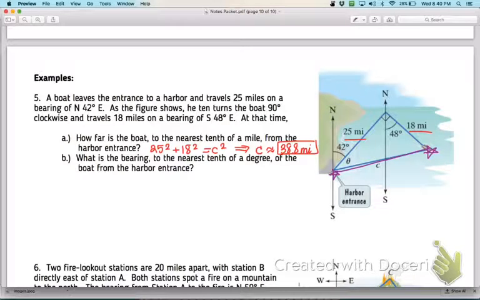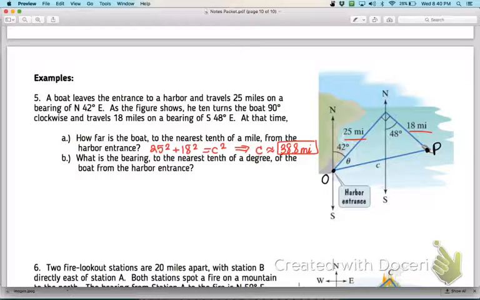Now here's the tricky part. It says, what is the bearing to the nearest tenth of a degree of the boat from the harbor entrance? So we have to think about what that is measuring here. We want to find the bearing from, if we use those same letters that they did on the first example, O, I think it's O for your point of origin, to a point, that's going to be where the boat is right here.